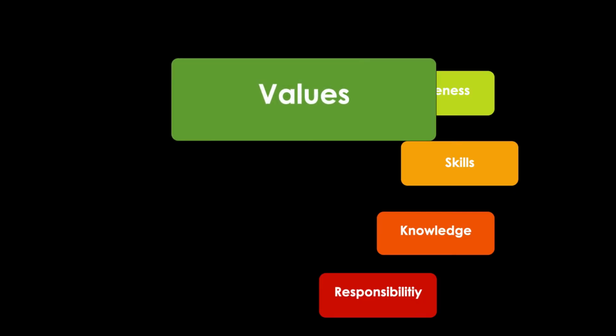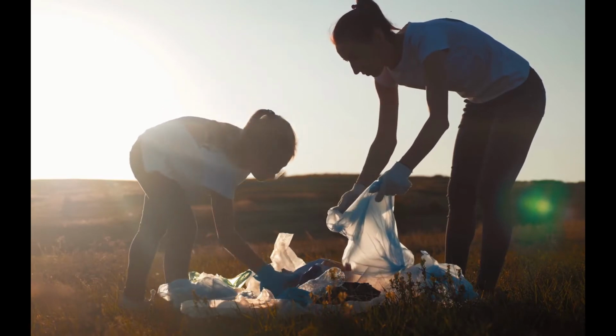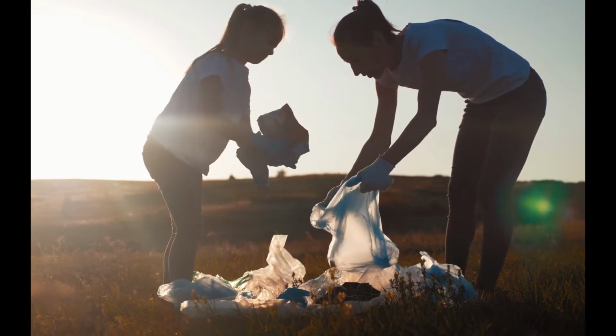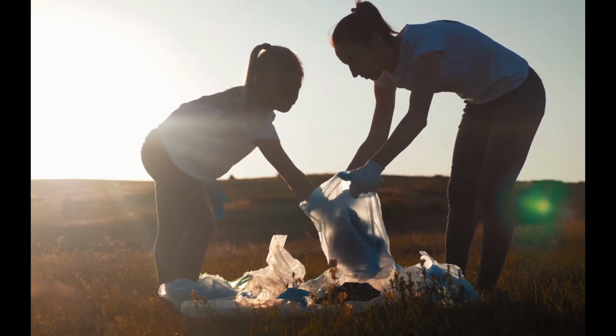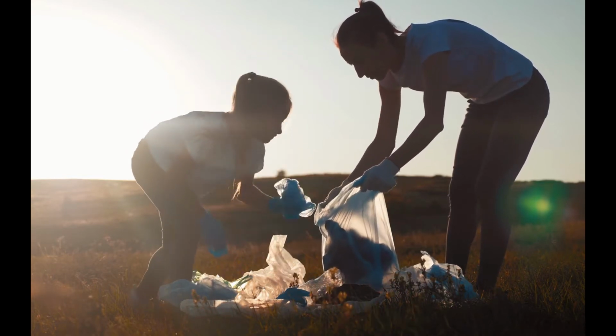We then have values. Good citizens are lateral thinkers and have the ability to manage their thoughts, feelings, attitudes, and actions to achieve collective goals. By cultivating empathy and interpersonal awareness, students learn to shift the focus from themselves to community, national, and international and world issues.